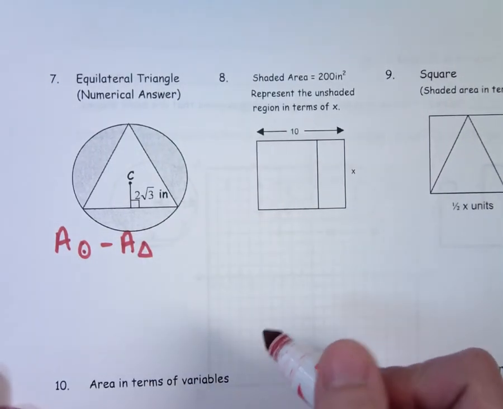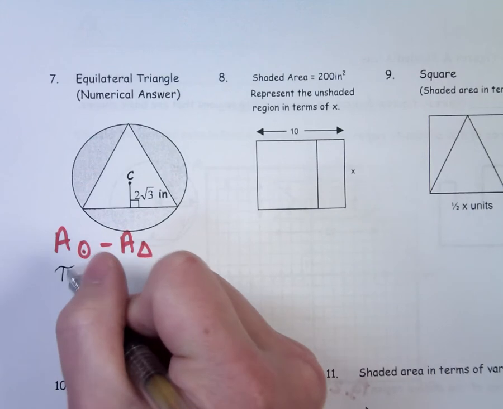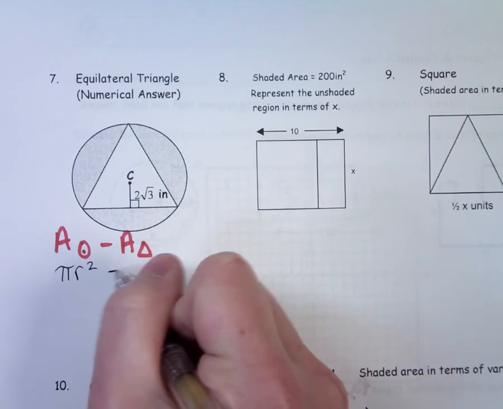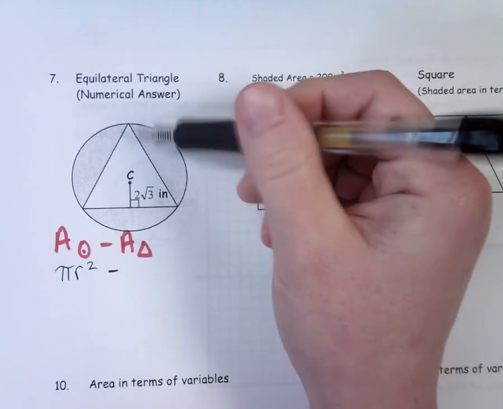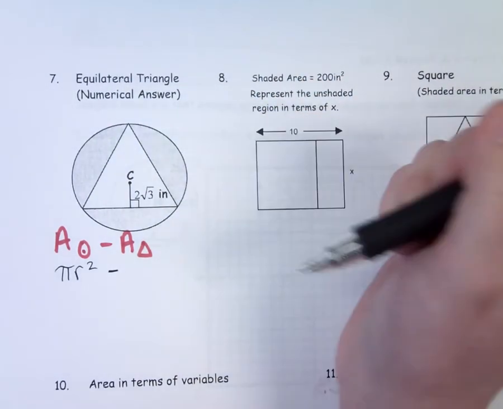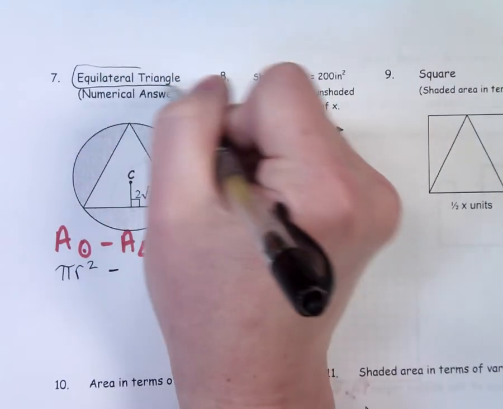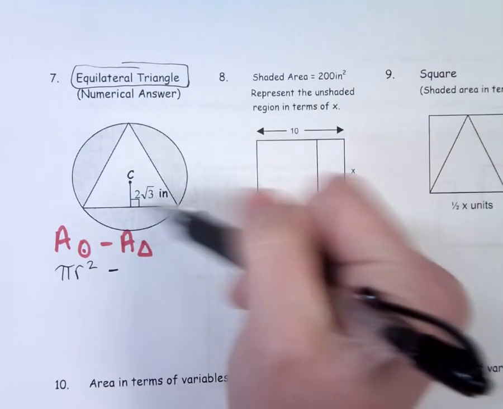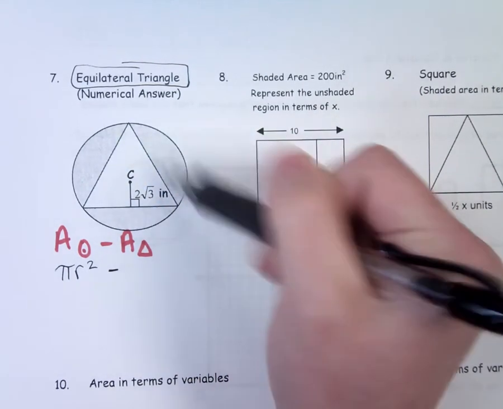Okay, we need to figure out quite a few things. First, let's just write the formulas down. Area of a circle is pi r squared. That's no big deal. Now, area of a triangle, we have a choice. We can either do base times height divided by 2, or because this is an equilateral triangle, meaning all sides are the same length, all angles are the same measure, that makes this a regular polygon as well.